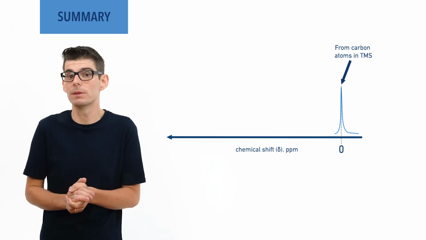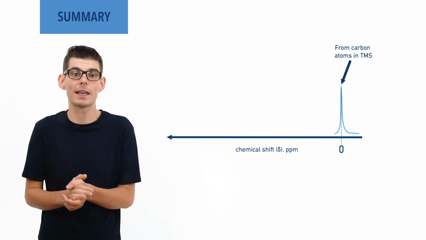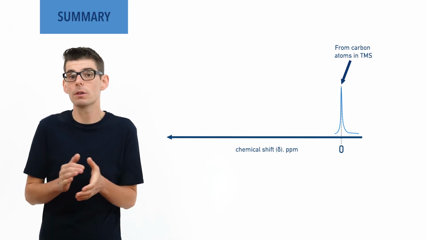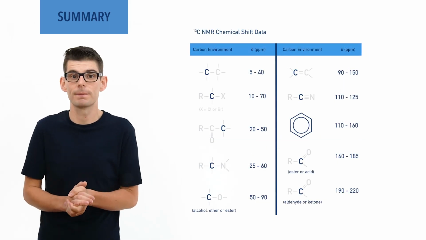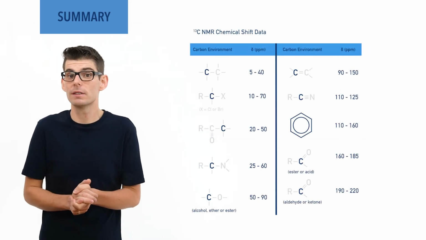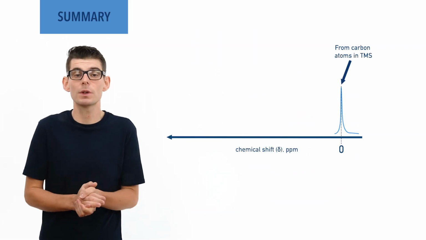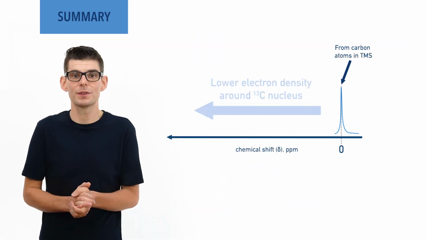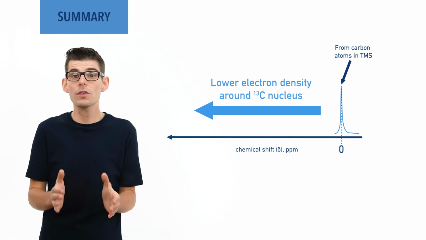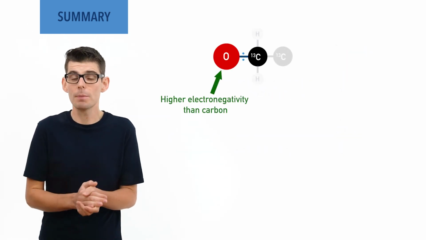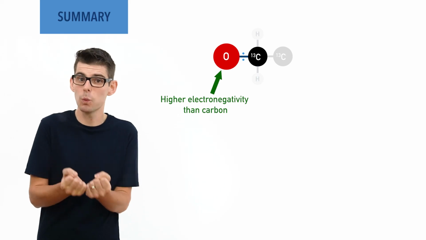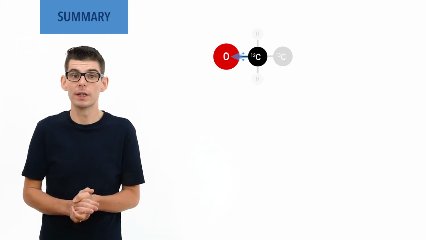Certain carbon atom environments always have similar chemical shifts, and spectra can be analysed using data tables for chemical shift data. The less electron density there is around the carbon atom's nucleus, the greater the chemical shift. For example, oxygen has a high electronegativity, and if bonded to carbon, pulls electron density away from a carbon atom's nucleus.